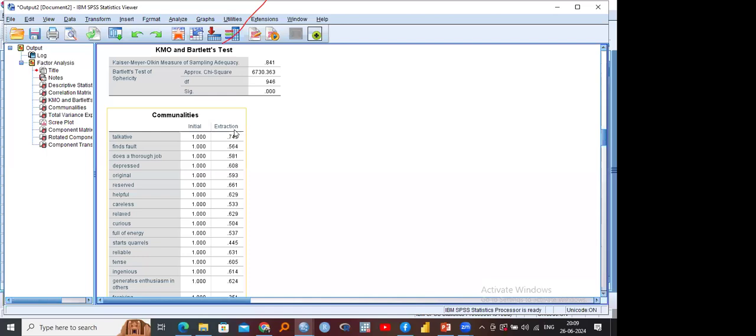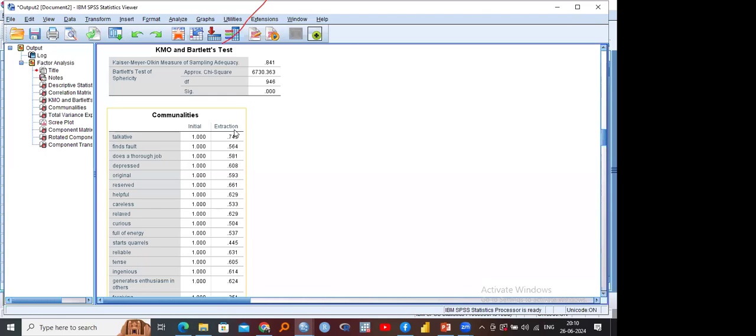Less than 0.5 means it is not contributing to your objective, not fulfilling your objective. Okay, but here if we have 2-3 variables which are less than 0.5, we can go ahead because KMO measure is coming good. Anybody having any doubts still here?